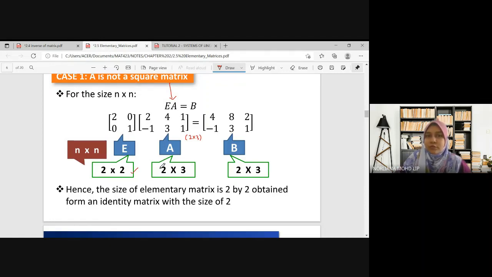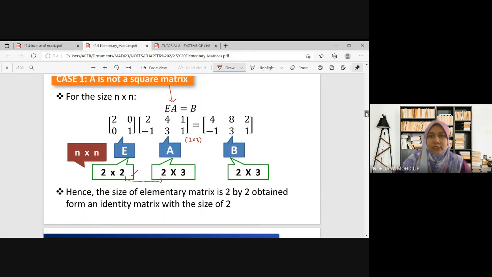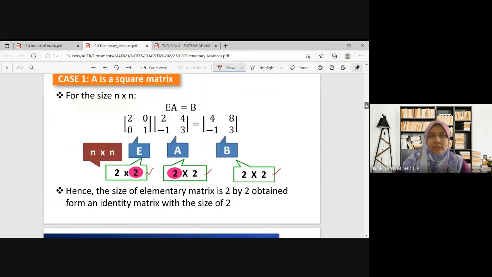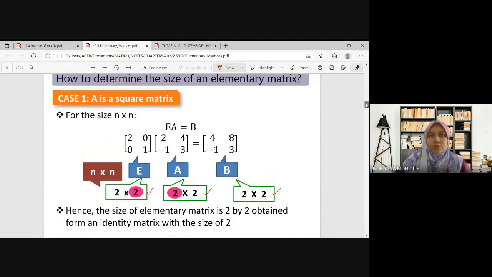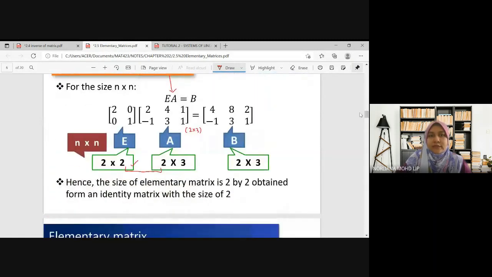Gunakan yang ni. Then we get the matrix B 2 by 3. So elementary ni daripada operation identity lah. Ni contoh dia gunakan operation yang sama tadi. 2 row 1 transform into row 1.